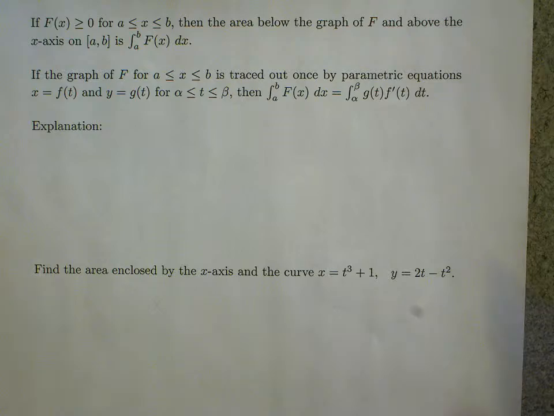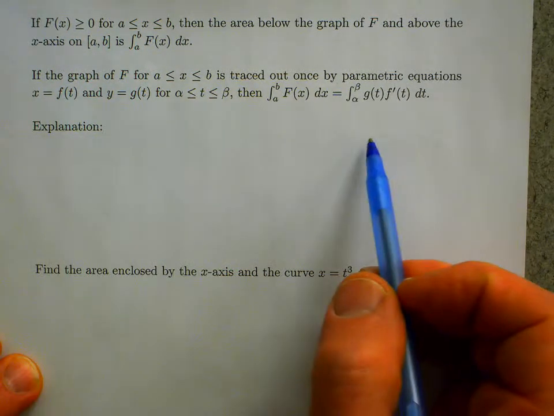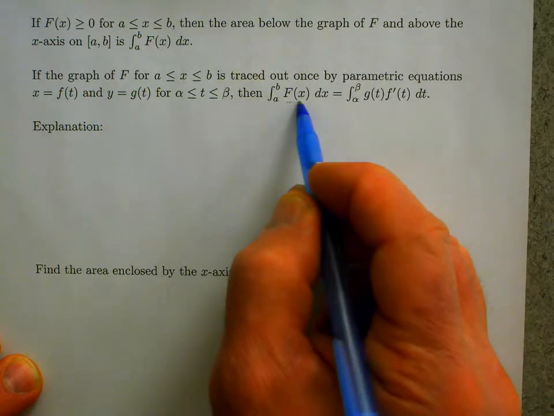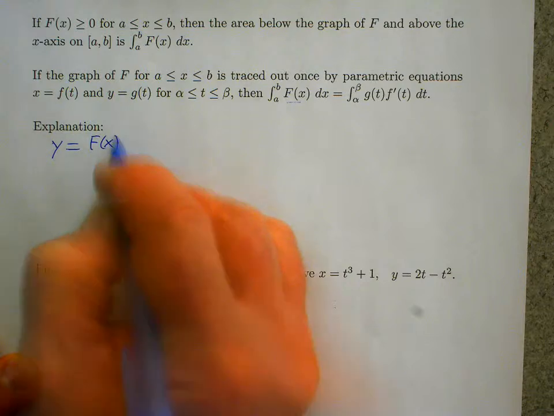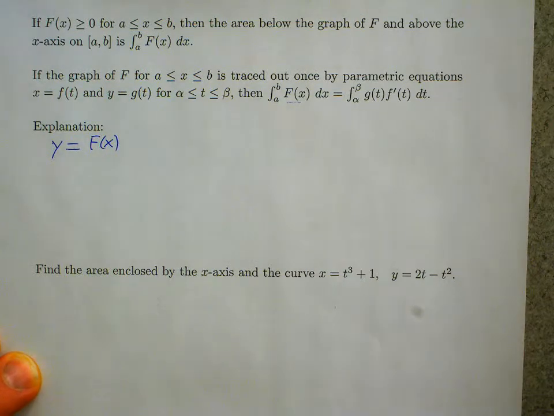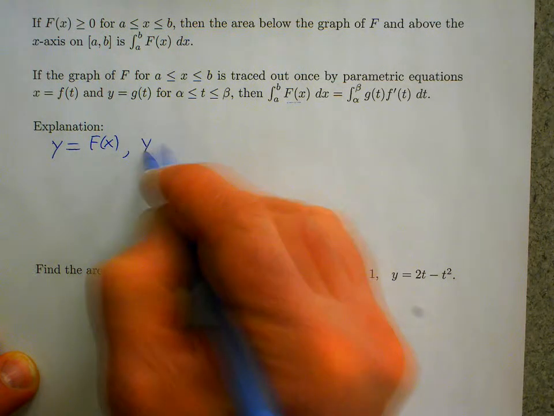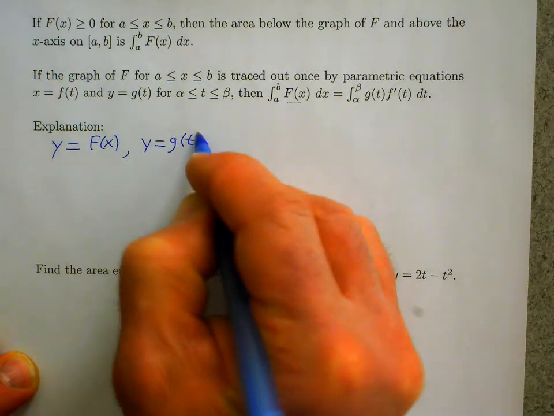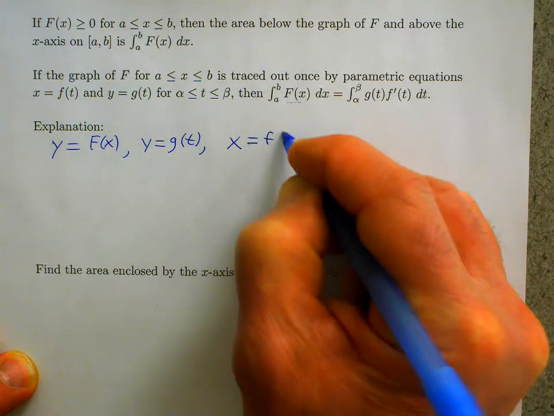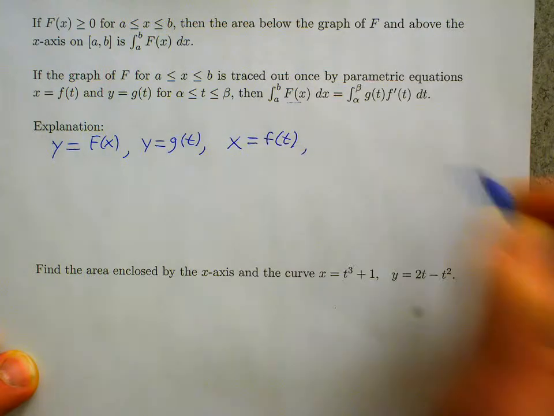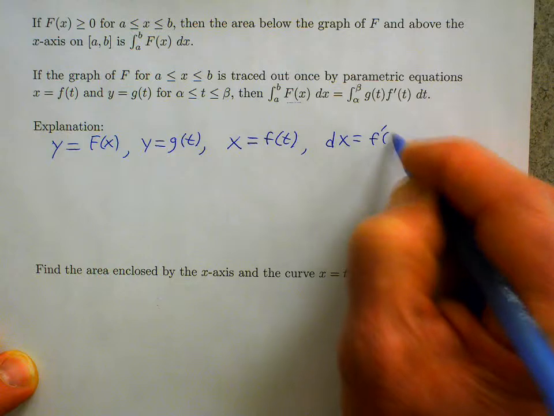That also works, but I'll just give you a basic explanation. So F of x is a y value, so y equals capital F of x, not to be confused with lowercase f. So y equals F of x, but y also equals g of t. x equals lowercase f of t, which implies that dx is equal to f prime of t dt.